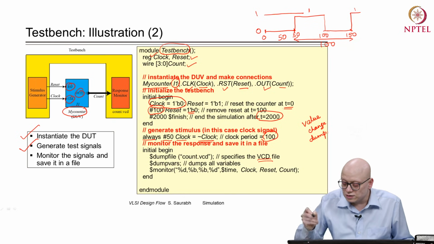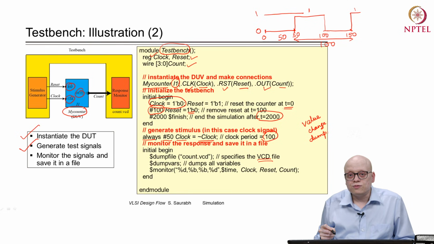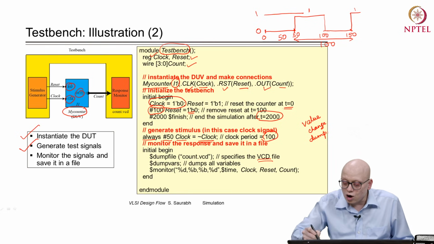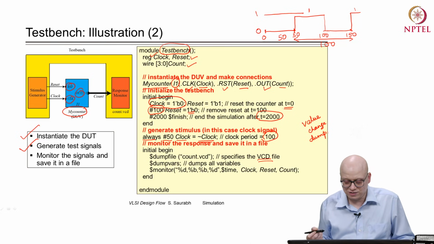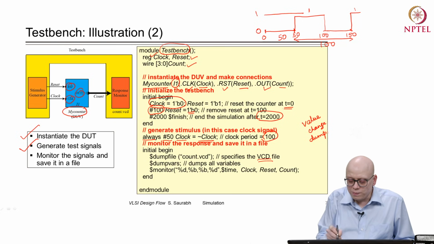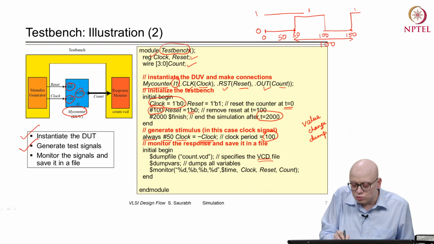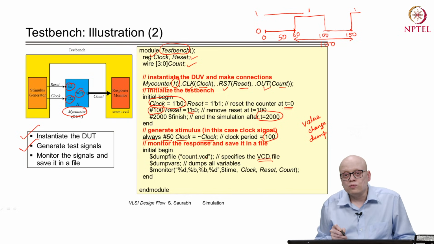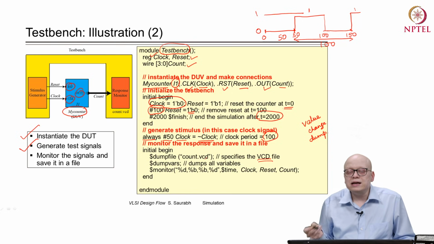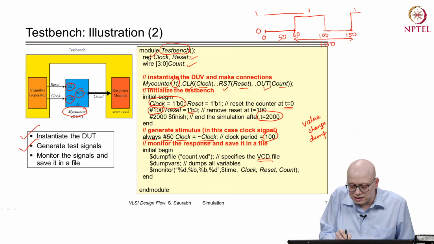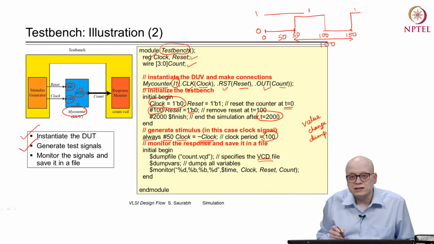This is a format in which the output of simulations can be saved. So, we open a file by the name count.vcd. Once we open count.vcd, we can dump all the information of the simulation results in this file.